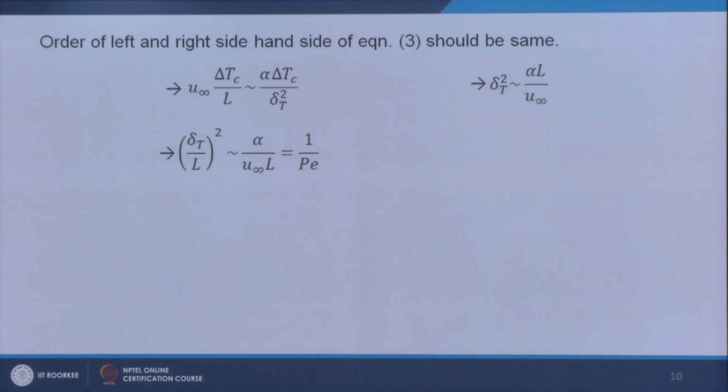Okay, so we know that alpha by u infinity L is 1 by Peclet number. So what we have done, we have divided this whole equation by L square, so we get delta T by L whole square equals 1 by Peclet number, right. Now we can write delta T by L is of the order of 1 by root over of Peclet number, or root over of Re Pr.